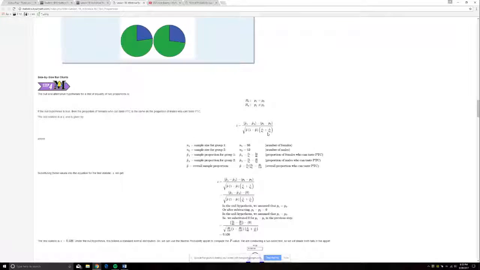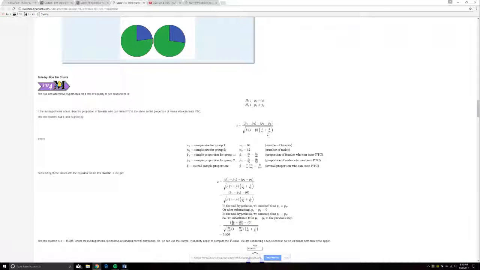1 divided by 70, plus 1 divided by 59. Did you get 0.031 for the Z score? Yeah. I don't remember. You can try plugging it into the applet. I got 0.9753.